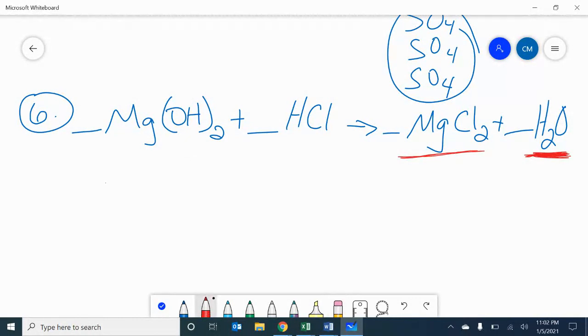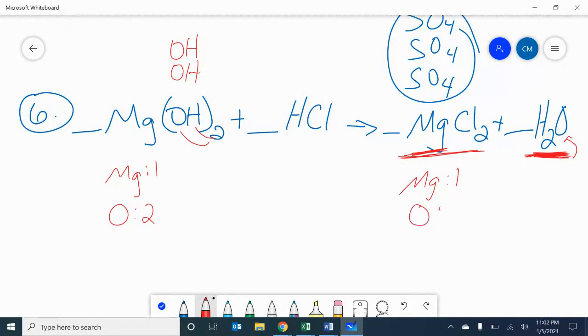Okay, so let's just go ahead and do that for the chart, people. On the left, magnesium, I have 1. On the right, magnesium, I just have 1. On the left, oxygen. Well, I've got OH inside parentheses with the 2, so that means I've got 2 OHs. 2 times 1 is 2. So for oxygen, I have 2. On the right-hand side, oxygen, I just have 1. Okay.